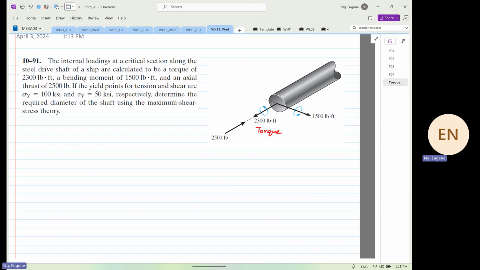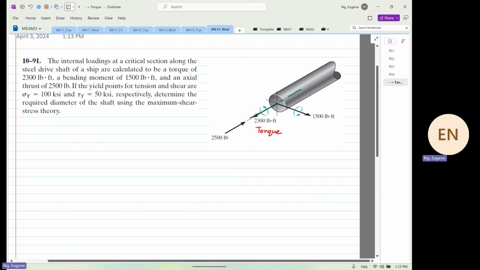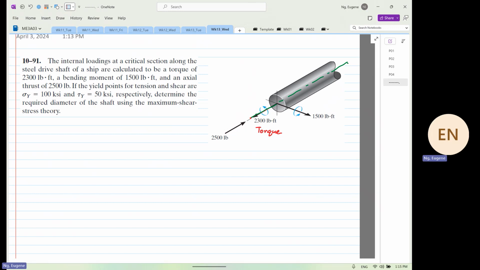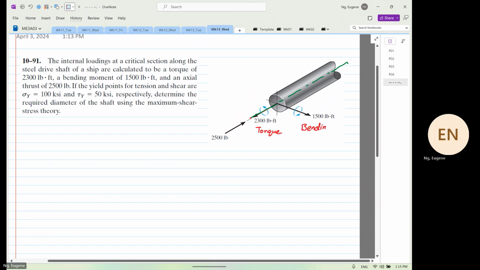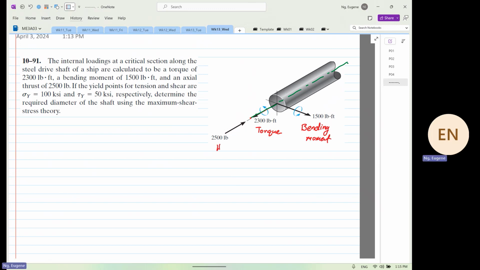The centroid of interest is this centroid over here. When we twist that centroid, because of zero radius, it will not deform at all. And over here, we have our bending moment. And over here is our axial load.